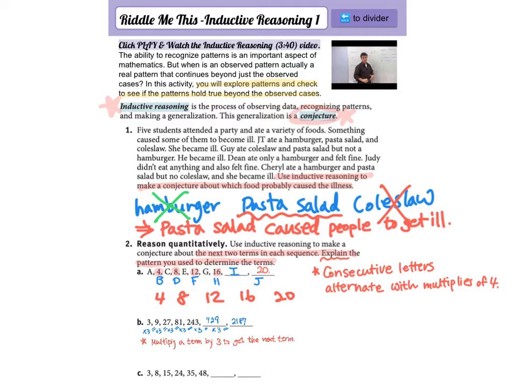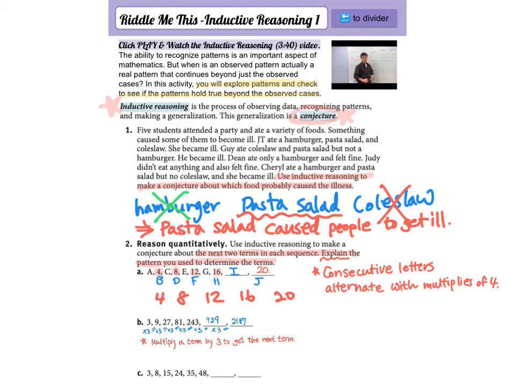All right, the last one. 3, 8, 15, 24, 35, 48. This one doesn't look like multiplication because 3 times anything is not going to give 8, right? So I'm thinking about addition. What about the difference between 3 and 8?